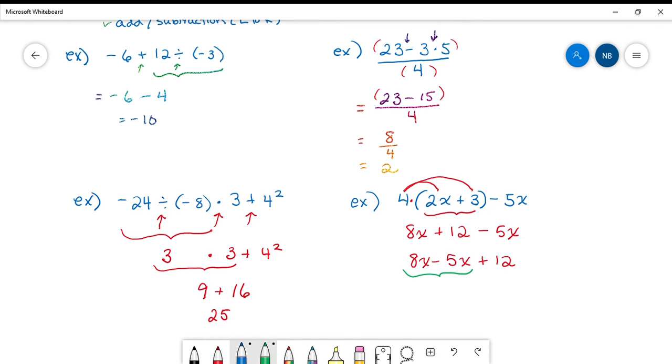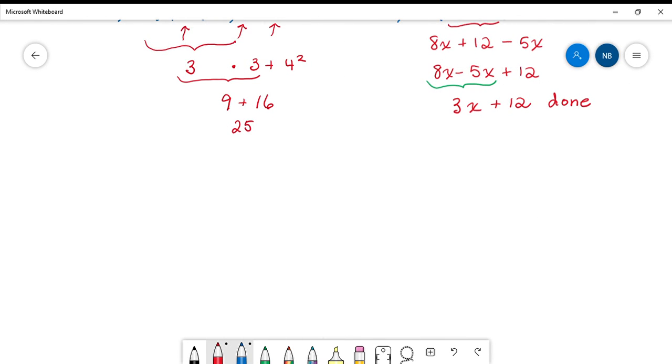Now they are like terms, so if I have 8x's and I take away 5x's, that leaves me with 3x's. So 8x minus 5x is 3x. I recopy the plus 12, and because they are not like terms, I recognize that I'm done. I can't simplify that expression any further.